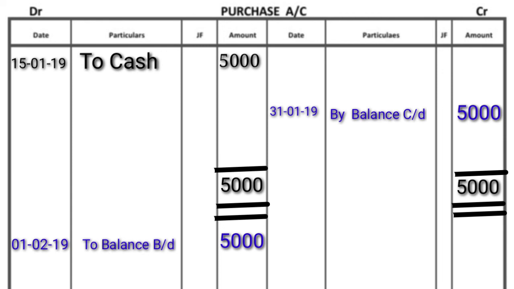After posting the transactions into the ledger account, we need to close each account separately. For that purpose, first we need to check which side the amount is more. That amount we should write on both sides, and the difference amount we need to write there, and in the particulars column, balance carried down. After that, the balance carried down amount we need to bring down in the next month, as balance brought down. Okay, completed.